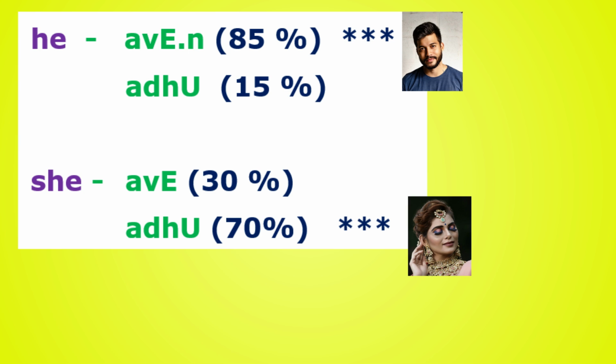Conclusion. You will hear the majority of the time avan for the guys and adu for the girls. That is why you might have noticed that I use different ones at different times in my videos.